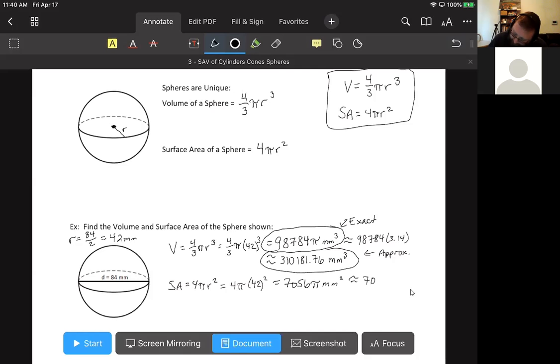And then we take that times 3.14 to get the approximate surface area, which would be 22,155.84 square millimeters. So again, there's our exact, and there's our approximate.